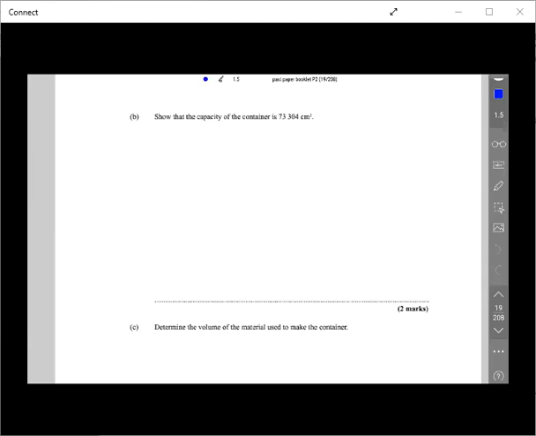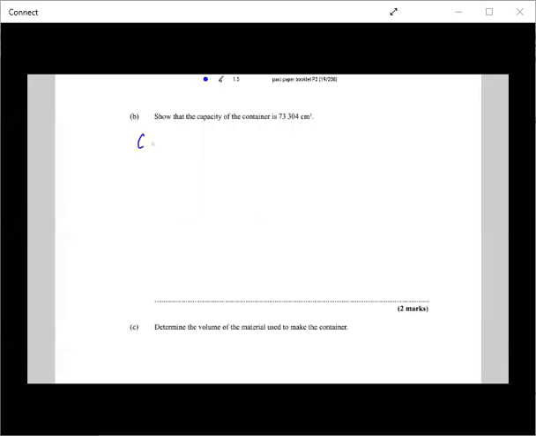The definition of volume is that volume is the amount of space a body occupies. So if you're after the capacity of a container, which is the amount of available space in the container, and space is volume, and the container is a cylinder.